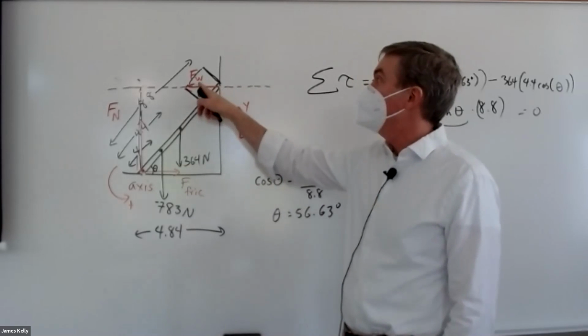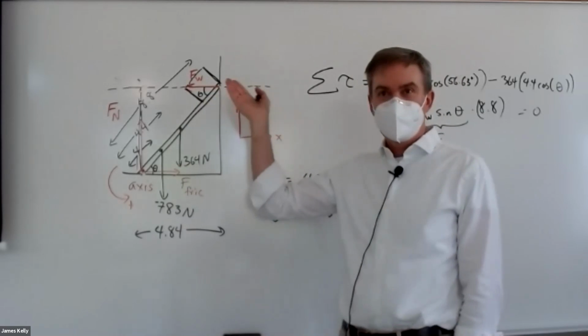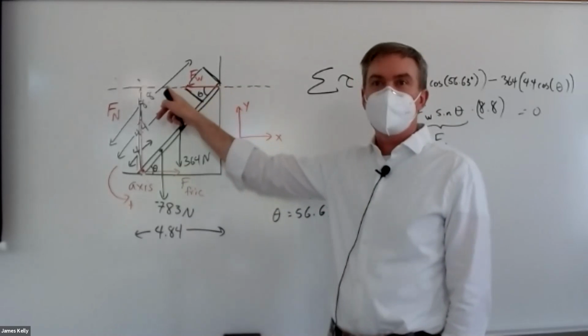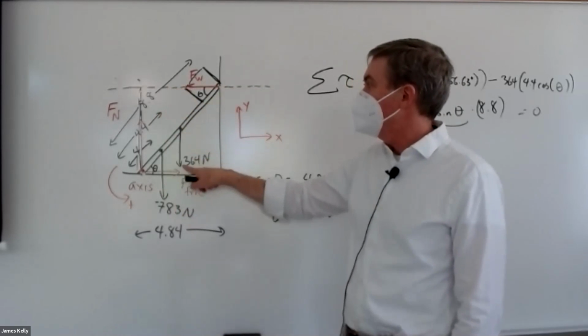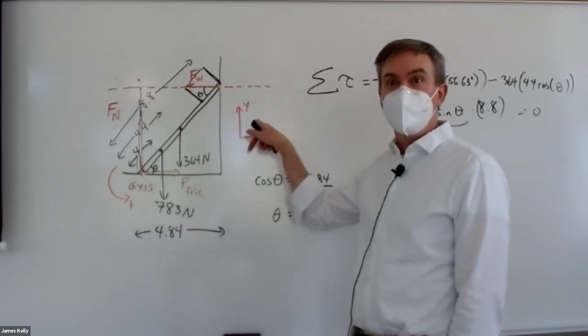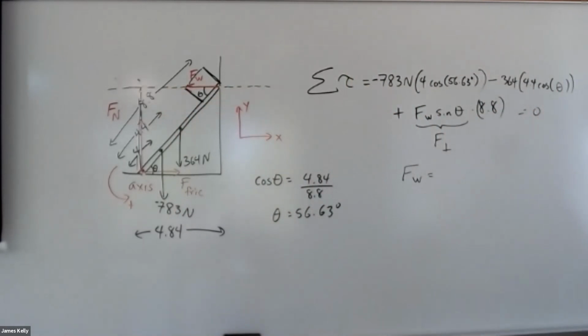So you are right that if somebody said, what's the X component in this set of axes of the wall force? But I'm just saying F wall represents how long this vector is. 364 newtons is how long this vector is. Now, it would have a negative Y component, but that's the length of that vector. Good thing to remind us of.